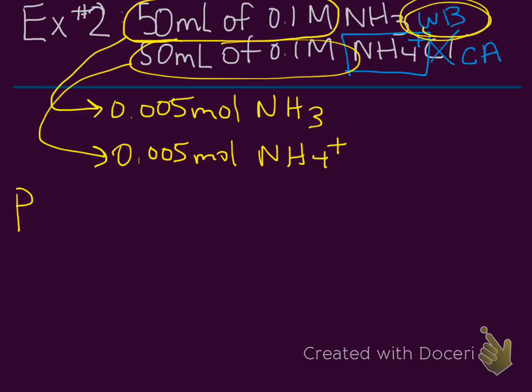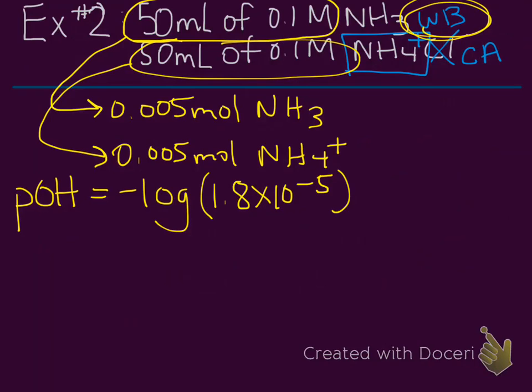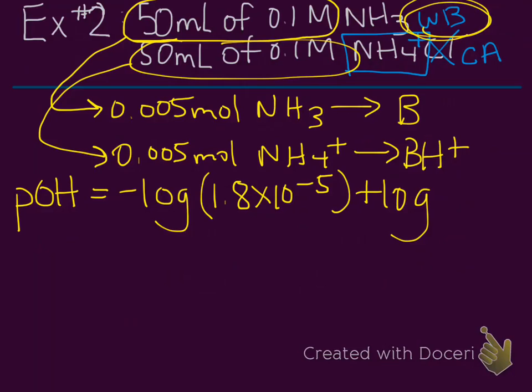So we're going to start with pOH equals the negative log, because that's the p value of the Kb, and the Kb in this case is 1.8 times 10 to the negative 5, plus the log. So this is going to be my BH plus, this is going to be my B.